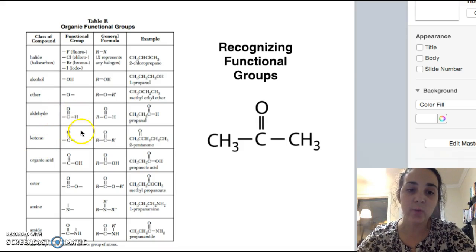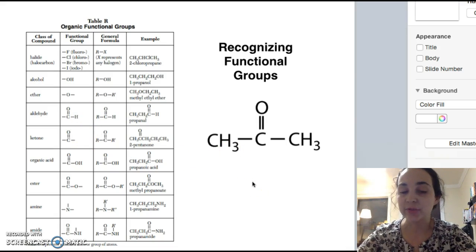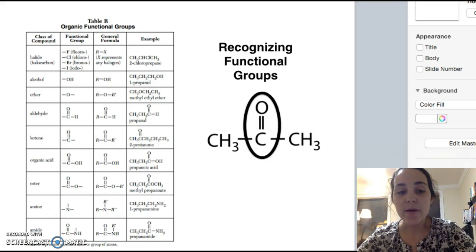Once you've identified what it might be, you can look at the rest of the compound to figure out what class it would actually fall into. If it's a halide, the double bonded oxygen would be on my last carbon. I know that because of the functional group picture right here. If it's a ketone, the double bonded oxygen comes in the middle of the compound. You can see here I have 3 carbons and my double bonded oxygen is on the middle carbon, so it must fall into the ketone category. So I now know that this particular compound could be classified as a ketone.